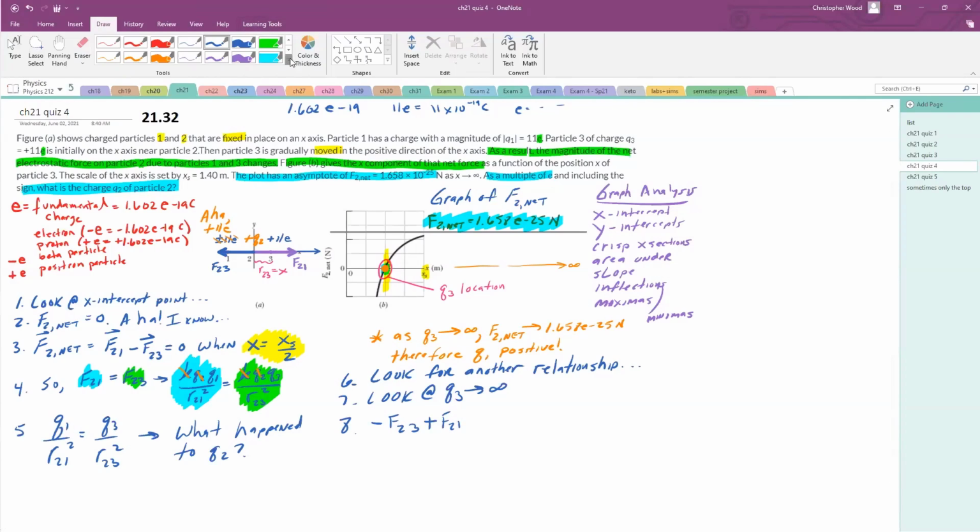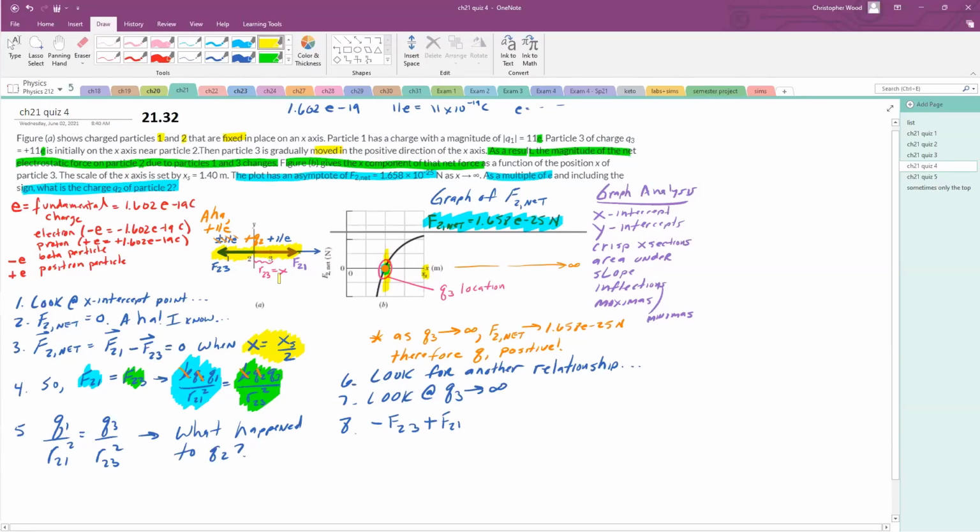So I'm going back to my vector diagram. I have F23 pointing in the negative direction because particle 3 is going to be repelling particle 2. That's why that's negatively oriented. And particle 1 is also going to be repelling particle 2. That's why that's oriented in the right direction.